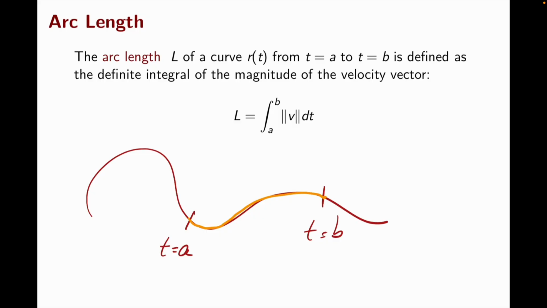The arc length is calculated as the definite integral of the norm of the velocity. So in order to calculate the arc length, we first have to calculate the velocity vector.